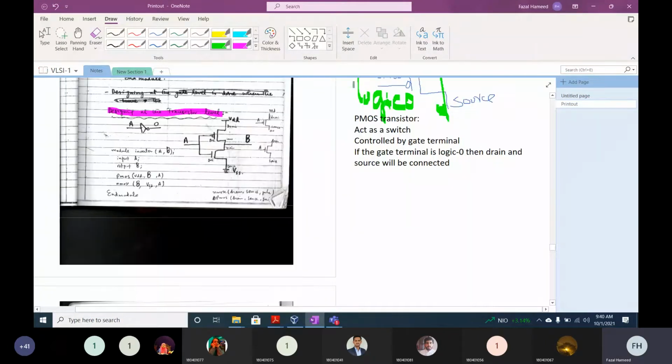Otherwise, if the gate terminal is at logic 1, then the switch will be opened.